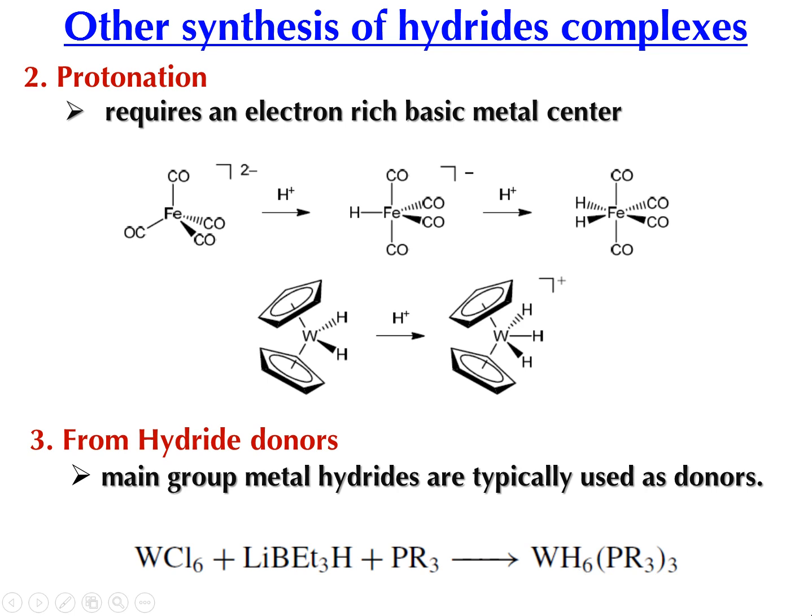To note that this type of reaction may form several M-H bonds, and method 2, the protonation, will form in general one M-H bond or two M-H bonds. Method 1, the oxidative addition of hydrogen H2, will form two M-H bonds, or one M(H2) molecule bond. So the interest of method 3 is that it may form several M-H bonds.